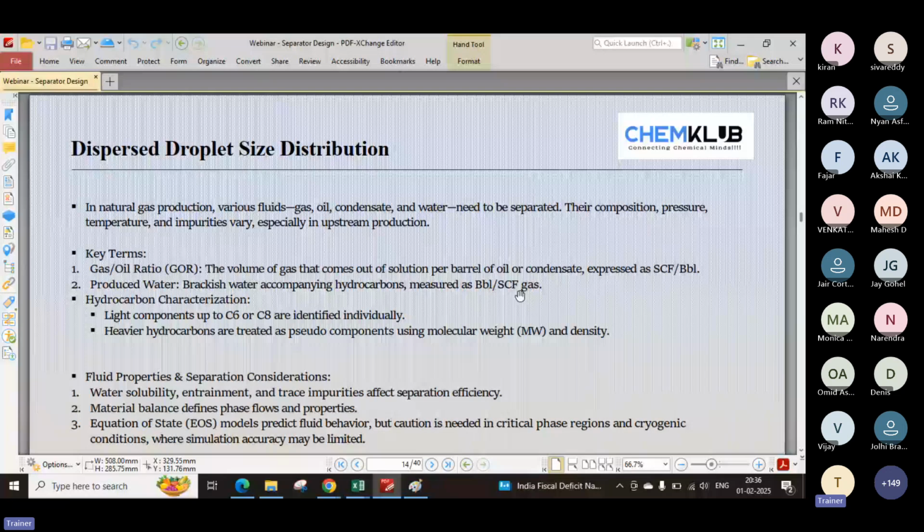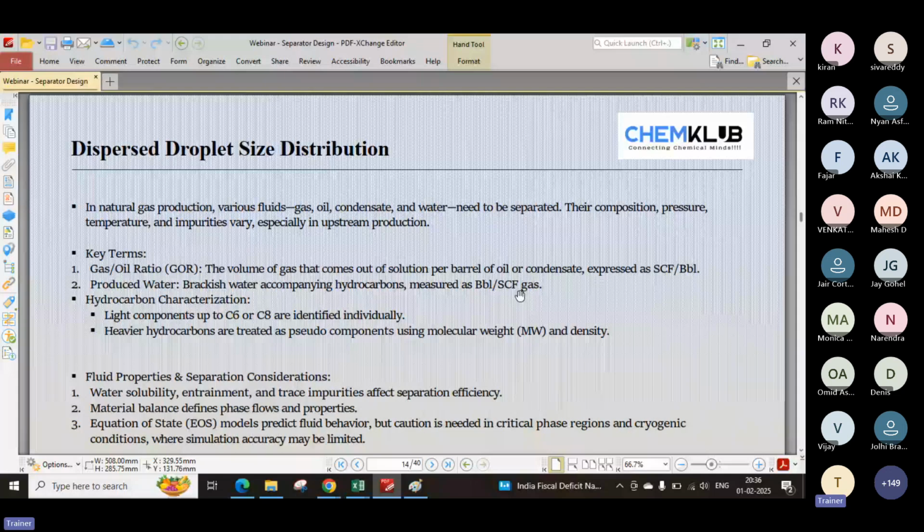To define any separators, whether it is a feed separator, compressor inlet separator or intermediate separator, you require various details about the flow, whether it is operating pressures, temperatures, gas volumetric or mass flow rates, densities, viscosities.